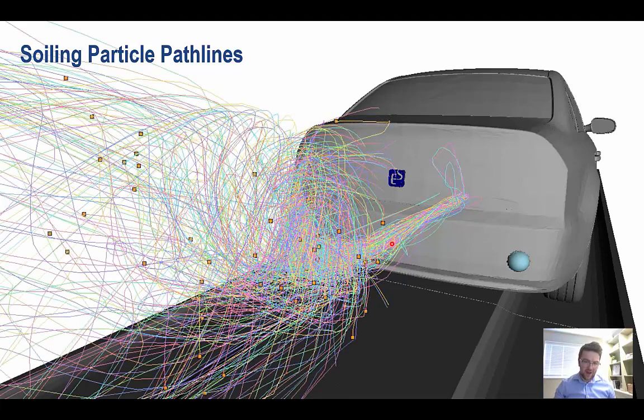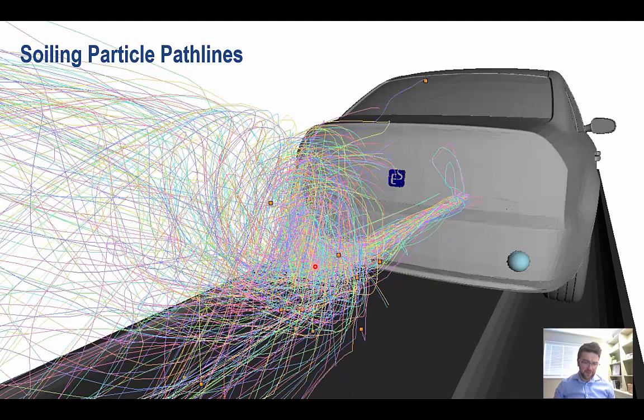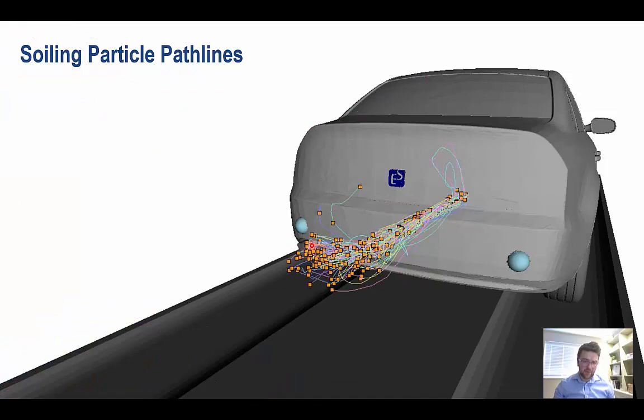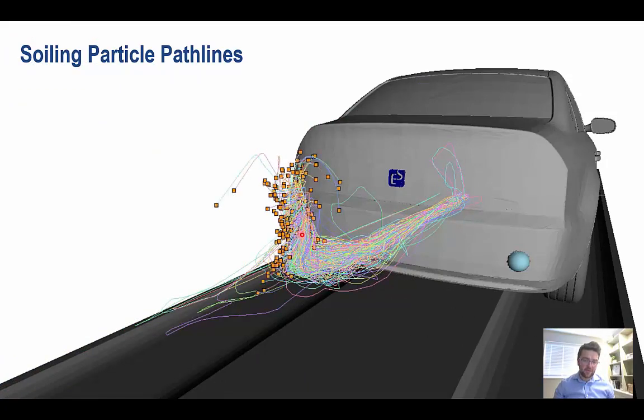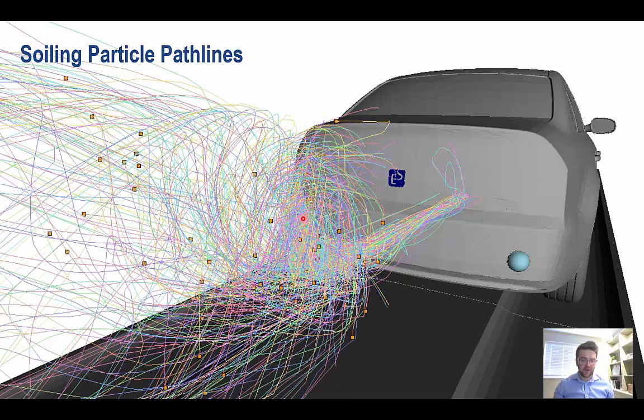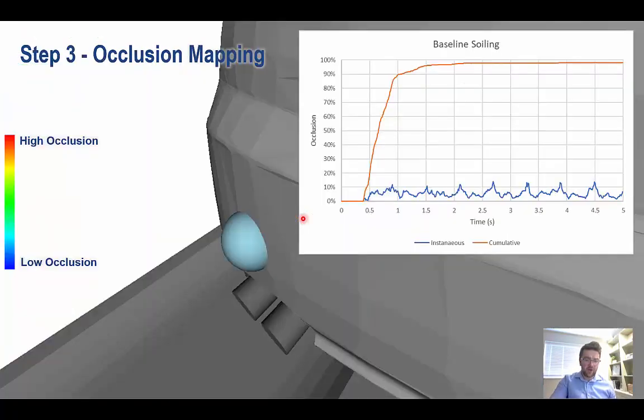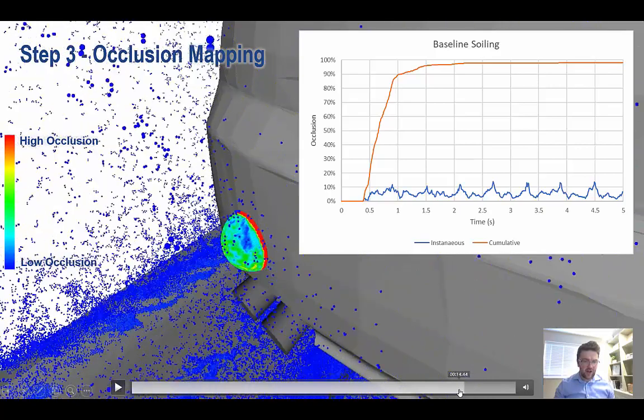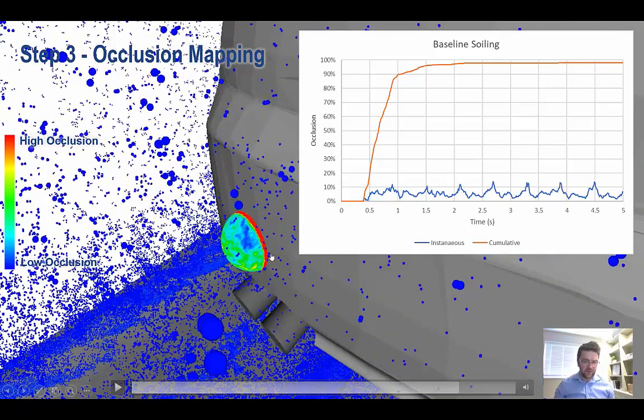And we can see that the vast majority of these are coming up from this rear tyre and then coming up underneath the bumper and striking the underside of the LiDAR, which is why we have such high coverage, especially on the underside more than the top side.